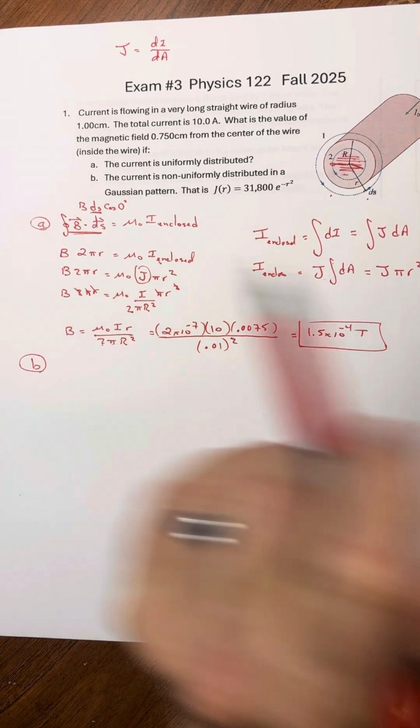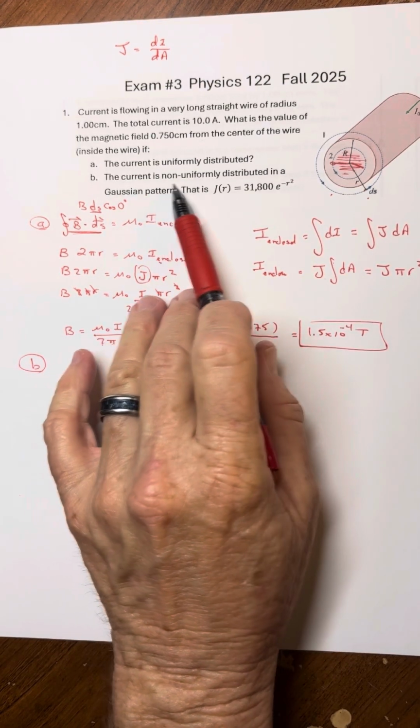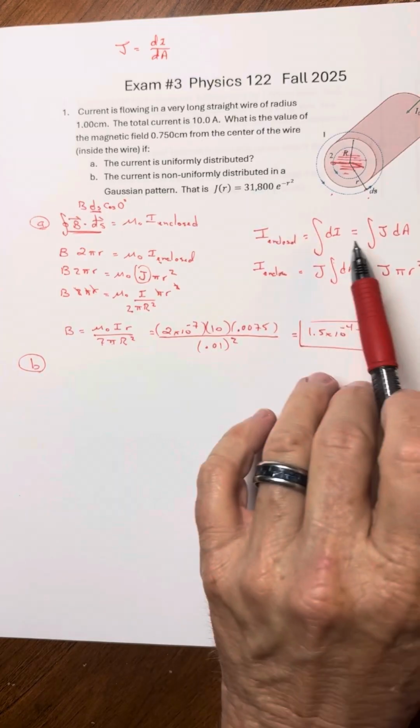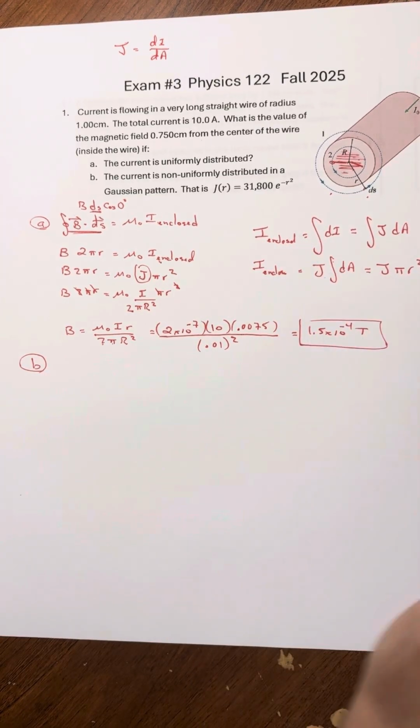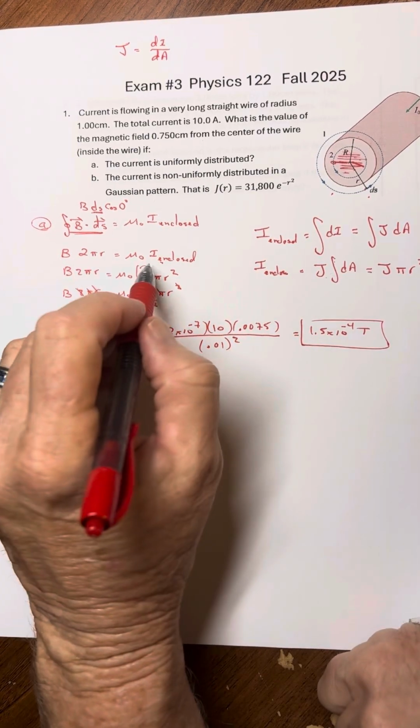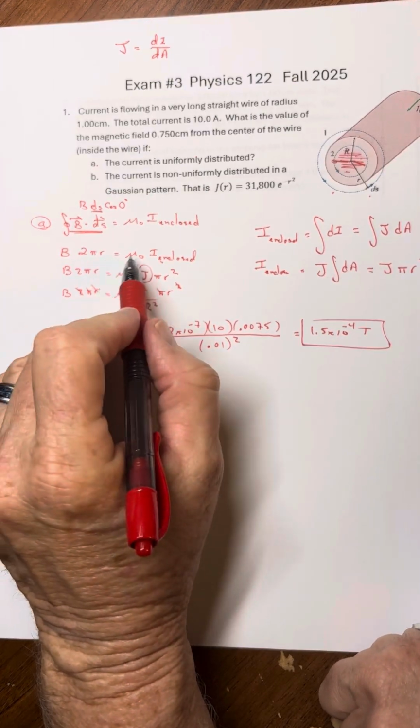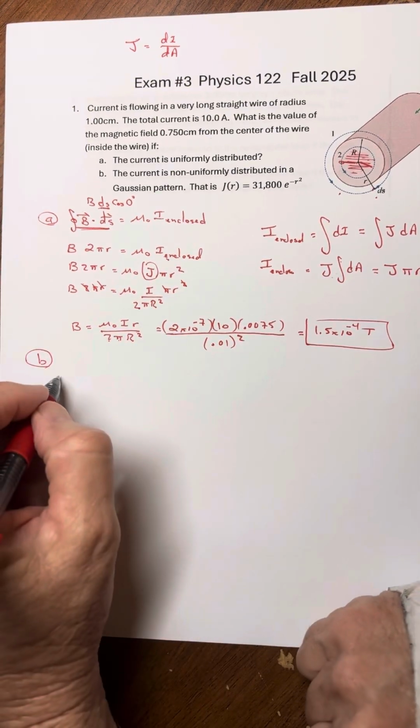Now, the harder one is where the current density is non-uniform, and so we're going to have to actually perform this integration here. But we can go back to this setup, and so maybe I'll start there.